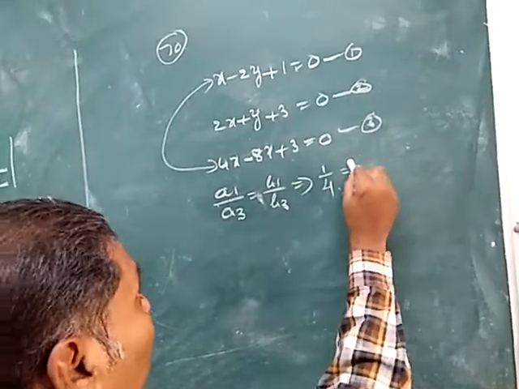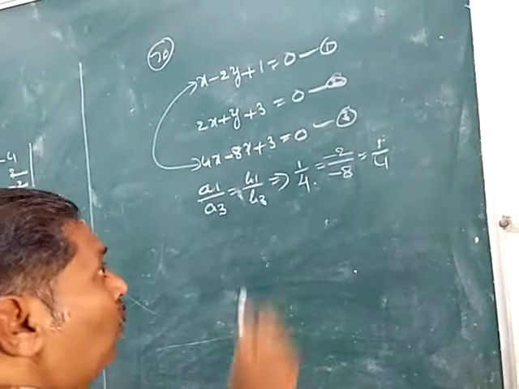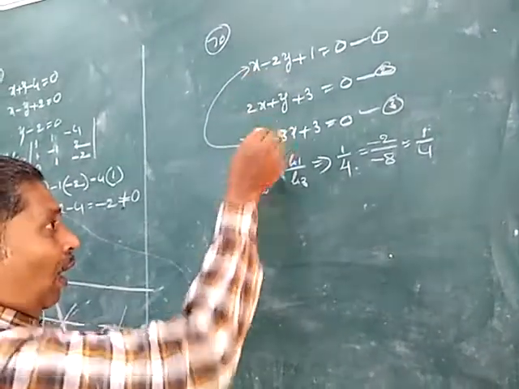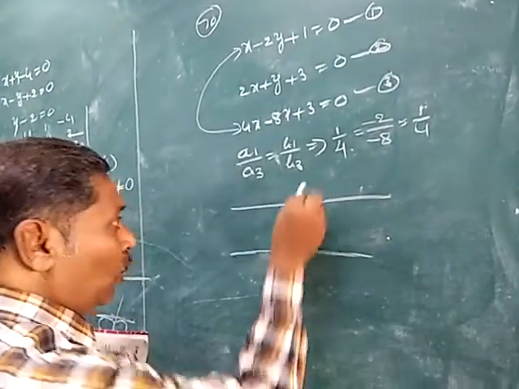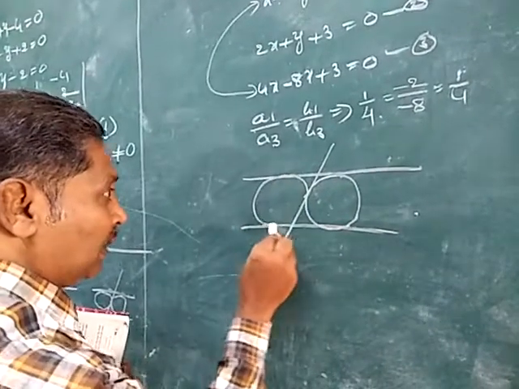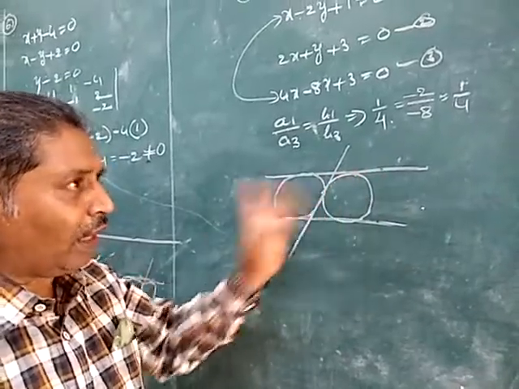B1 by B3 value is minus 2 by minus 8. This is also equal to 1 by 4. So 1 and 3 are parallel lines. So the number of circles is 2. These two circles touch the three lines.